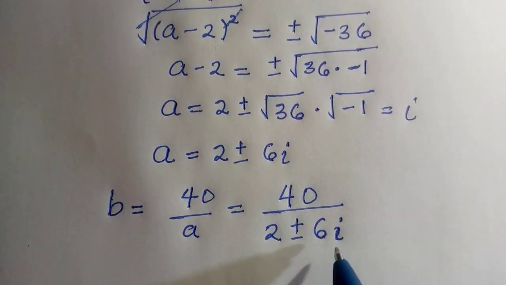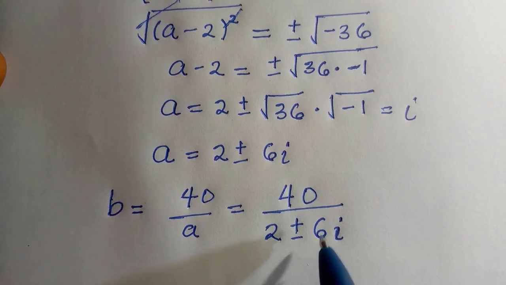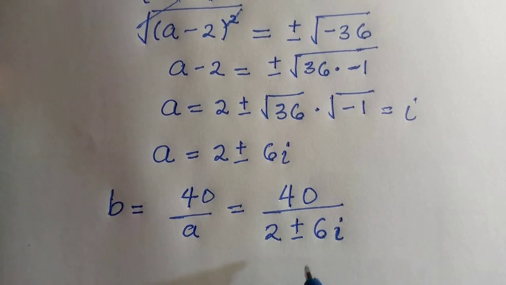But there is an imaginary number in the denominator, so we cannot leave the answer like this. We take the conjugate of this number, which means we rationalize by multiplying by the conjugate.